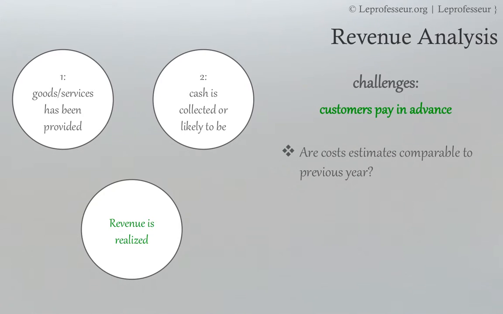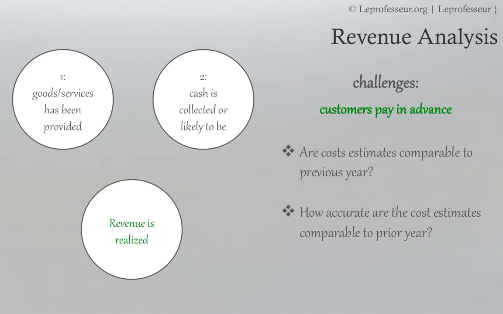So there are certain questions one can ask management, or ask themselves, while reading the annual reports or analyzing the results. Are the cost estimates comparable to previous years? For example, how many customers paid in advance and how much did the company have to return? Another question one can raise is, how accurate are the cost estimates?